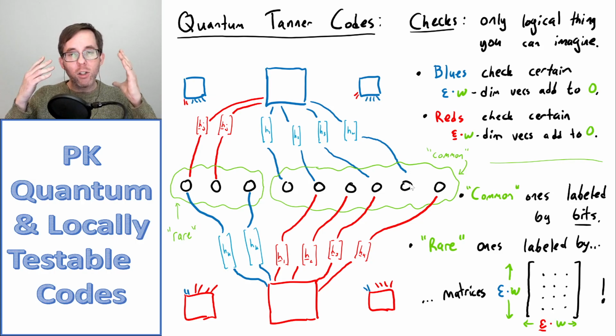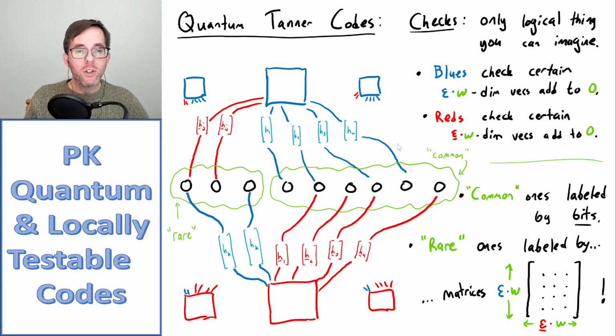And basically, as I said, the checks are the only things you could imagine. So for this particular blue check, you're going to be checking that a bunch of vectors of height epsilon W add up to 0. And which vectors do you add up? Well, you look through all the bits here in the common sites, and whenever you have a 1, you add up the associated vector on the edge, just like before.